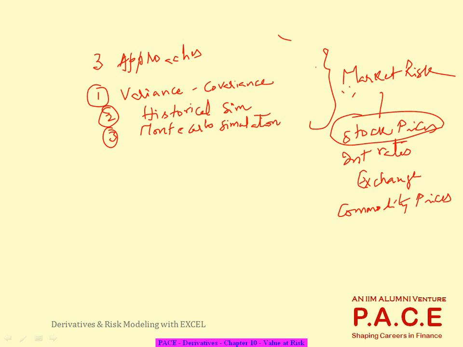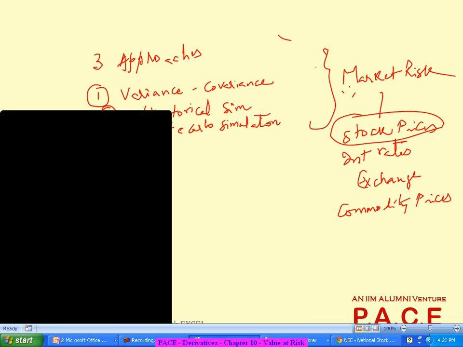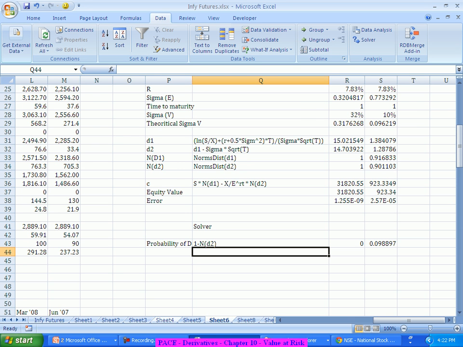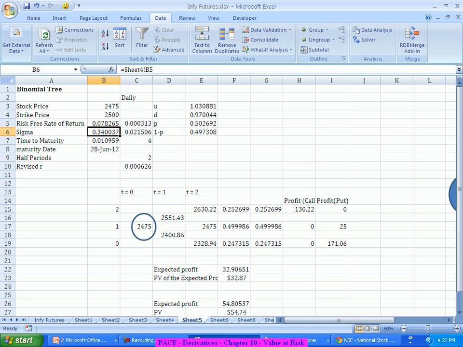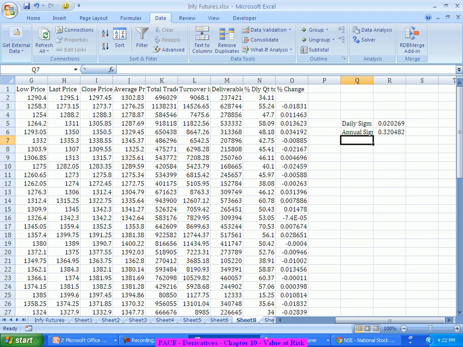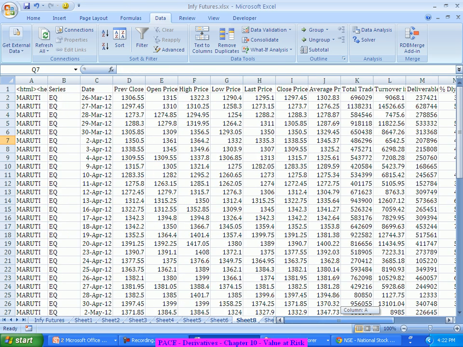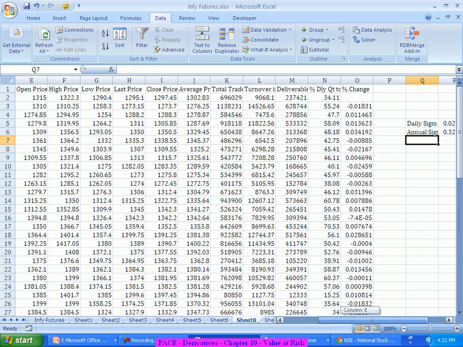Now, because we already have the stock price data, we'll do it on this one where we have Maruti, where we have taken the last 3 months stock price data.